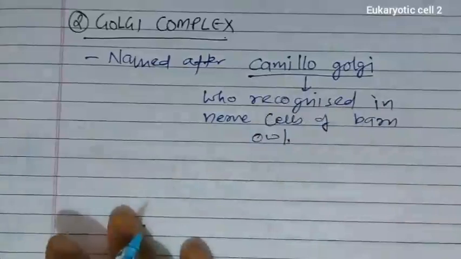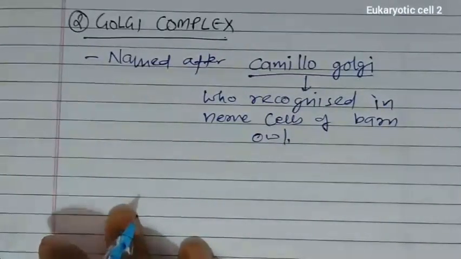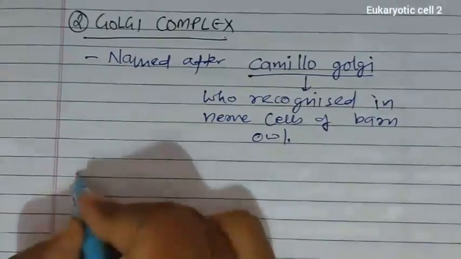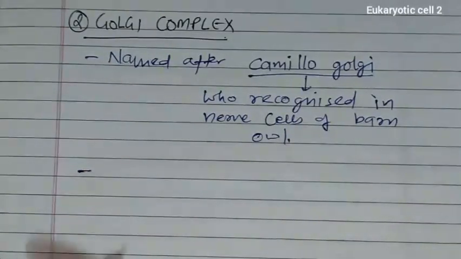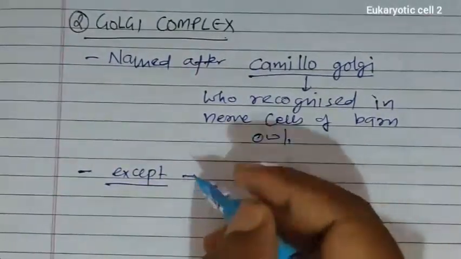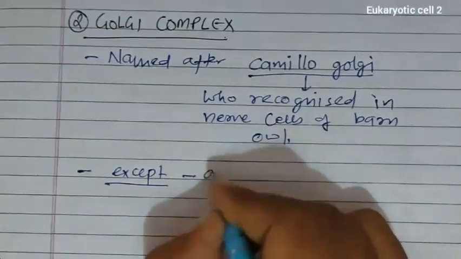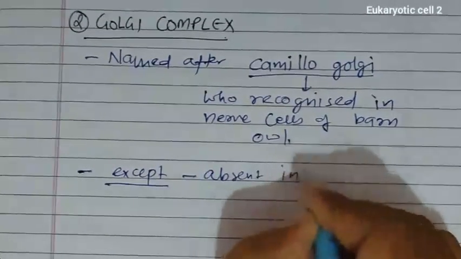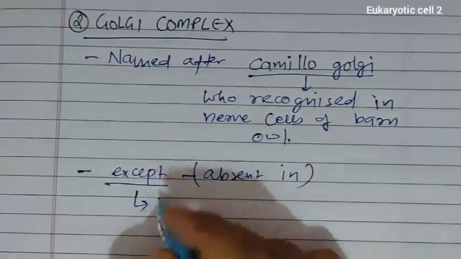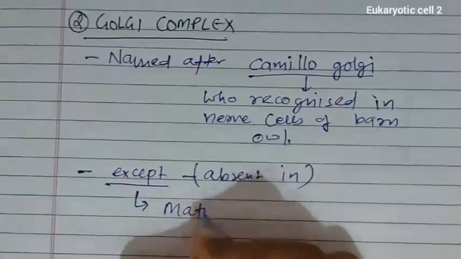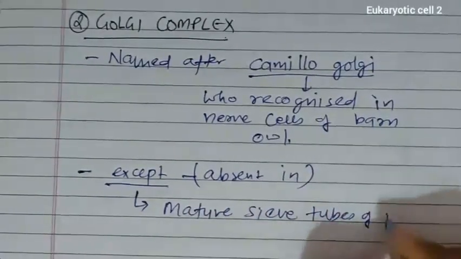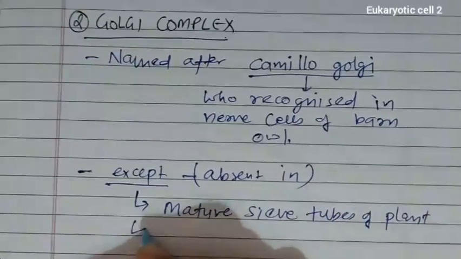Barn owl is not able to see. And next, this is present in eukaryotic cells except, means absent in mature sieve tubes of plant.